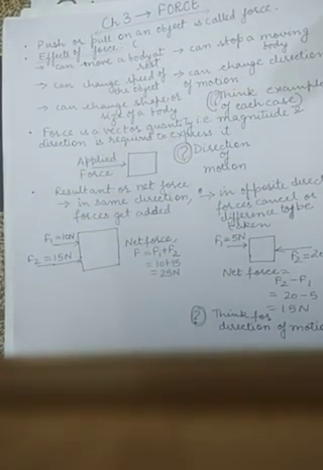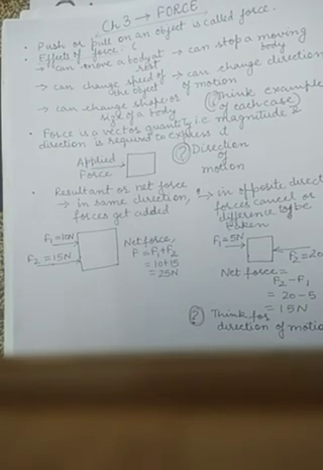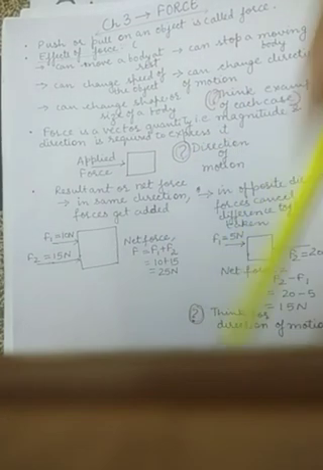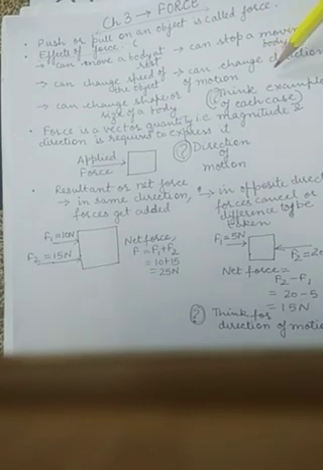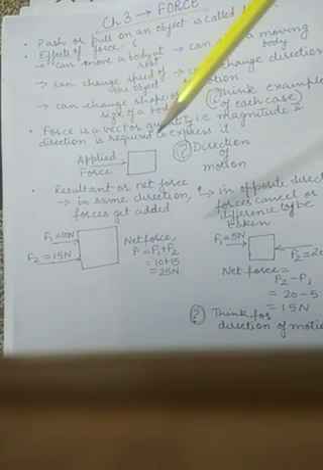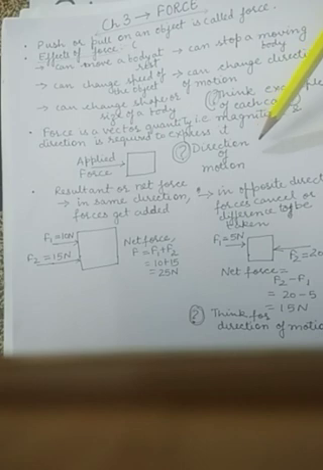So what we have seen, on pushing harder or pulling an object with more force, you can change the speed of the object. Now what is another effect of the force? We can change the direction of motion. Whenever you apply force on an object, you sometimes observe that the direction can be changed. For example, you are pushing a box. When you push a box, you can change its direction by changing the direction of the force.